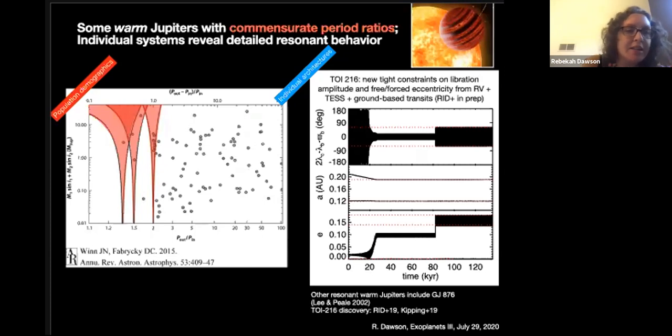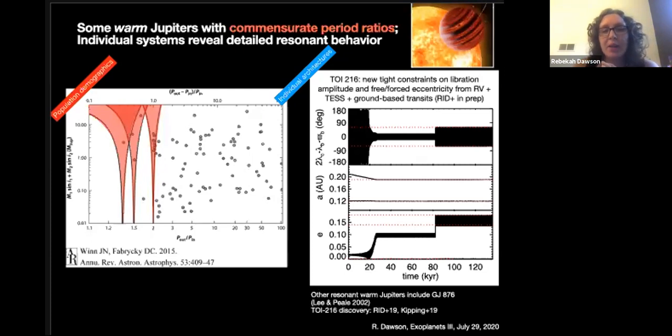And giant planets seem to be, at least in the radial velocity sample, even more likely to have these integer period ratios. However, we need to look at individual systems in detail to characterize whether they're actually in resonance. So recently we've been able to look in great detail at the TESS TOI-216 system of two warm large exoplanets using a combination of radial velocity, TESS, and ground-based transit.